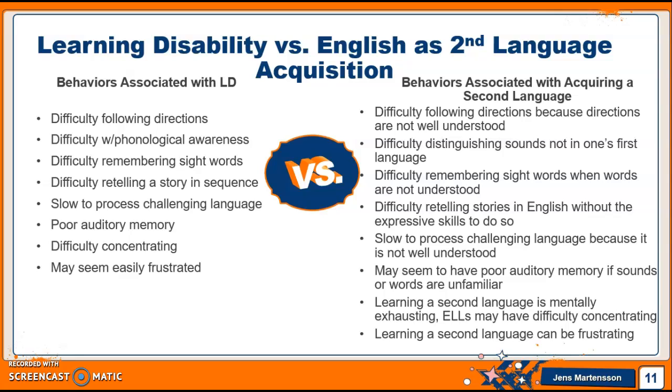The difference is the reasoning behind it. As far as following directions, remembering sight words, retelling a story, if there are gaps in the acquisition of English as a second language, it's going to be very difficult for English language learners to demonstrate proficiency in these areas.